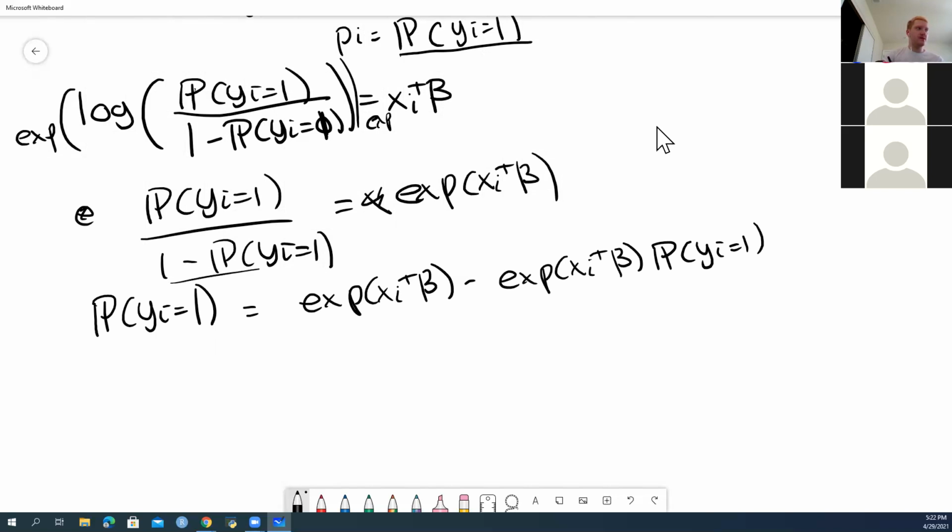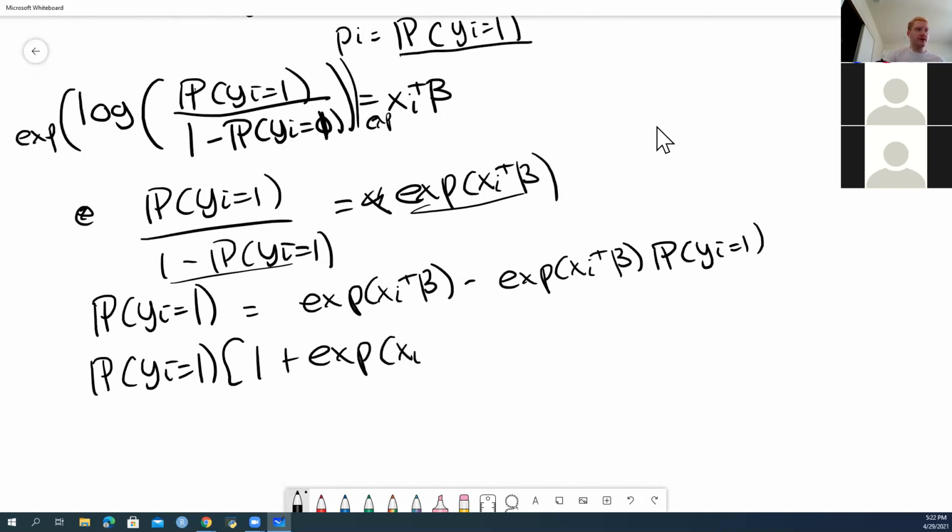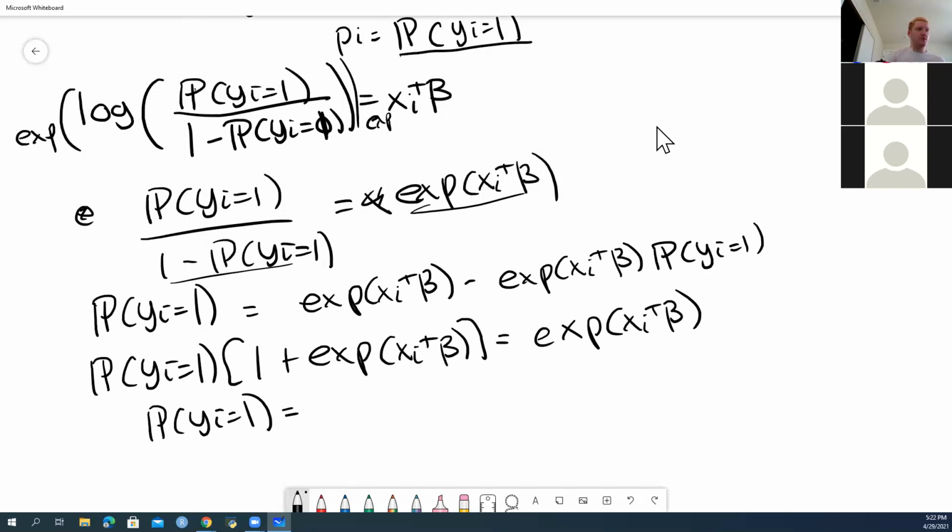So I just multiplied this denominator and multiplied it by this. And then just simplifying, you end up getting that. So if I add this over, I get the probability of yi equals 1 times 1 plus exp of xi transpose beta is equal to exp of xi transpose beta.